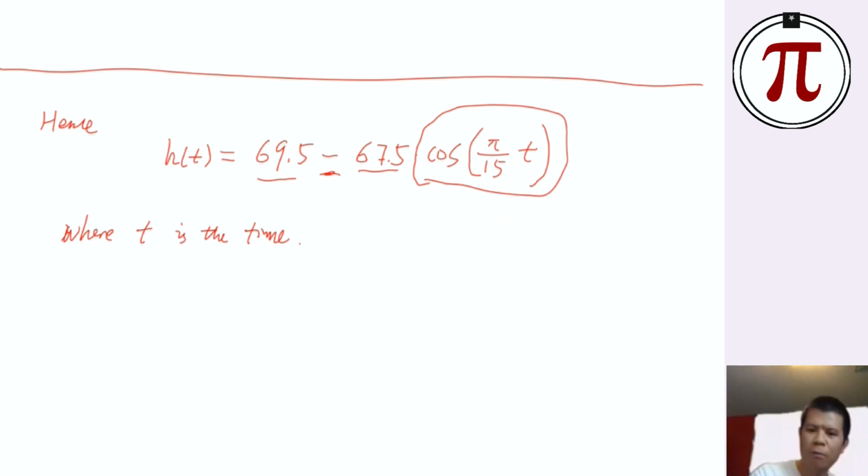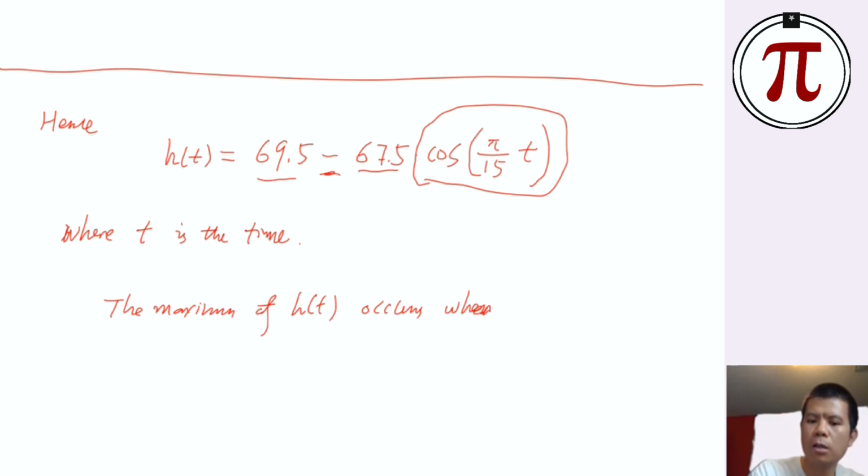and then after 15 minutes, all right? So you remember h of t, the maximum value of h of t occurs when what? When this cosine equals what? -1. It equals -1.